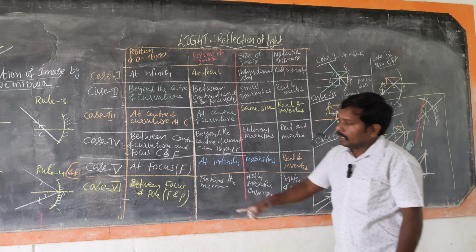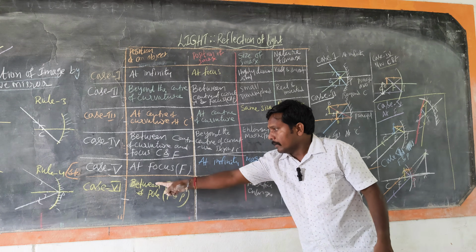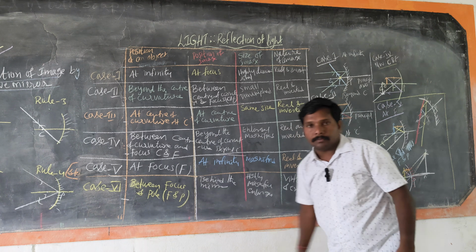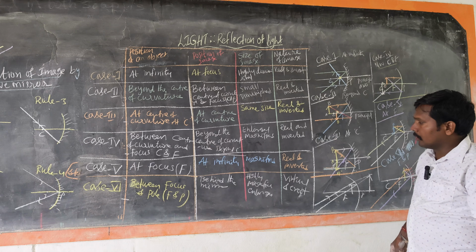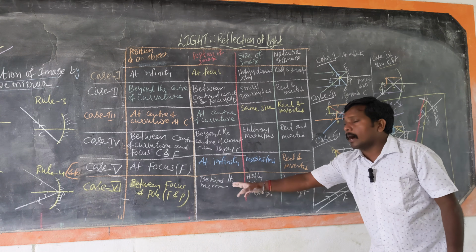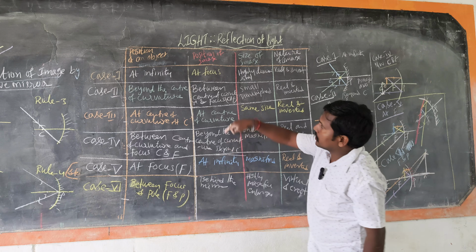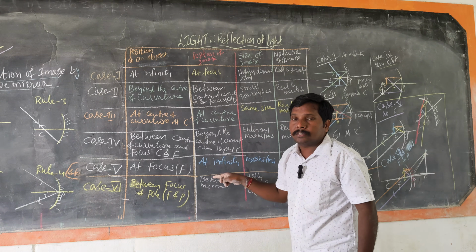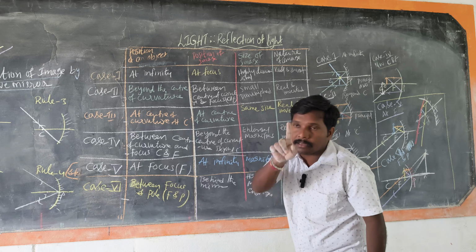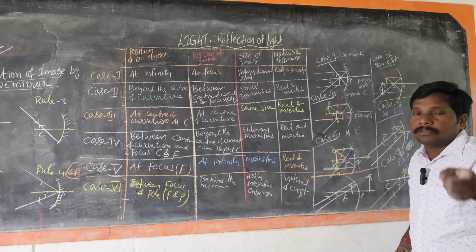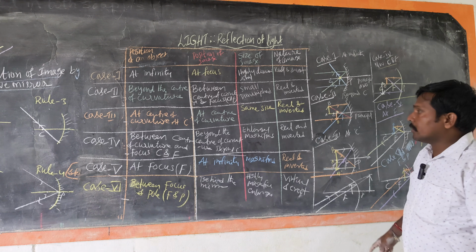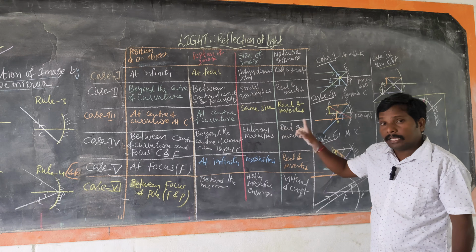But in case 6, between focus and pole, the image forms behind the mirror or inside the mirror. The image which is formed on the screen, we call real and inverted.